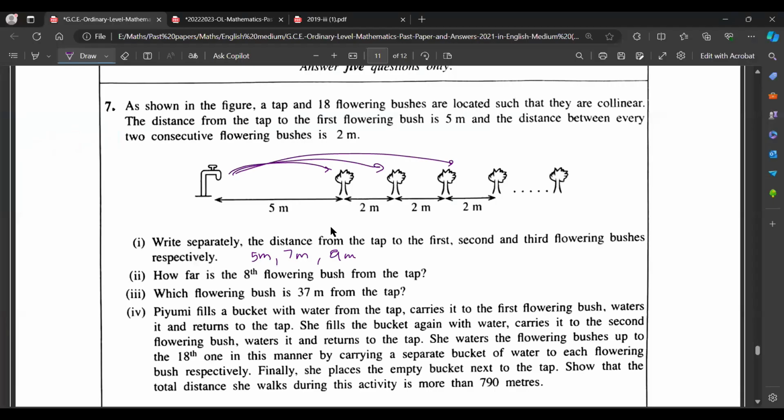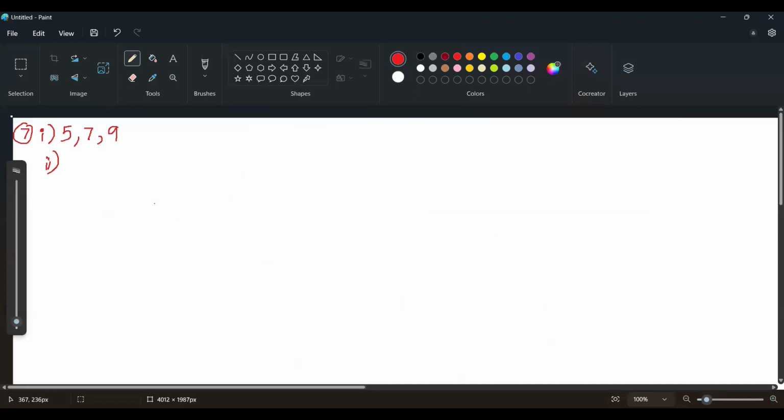And they are asking how far is the eighth flowering bush. For the eighth flowering bush, what should be the first term? A should be 5.